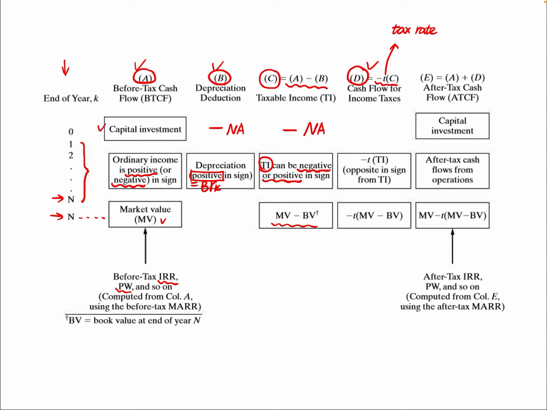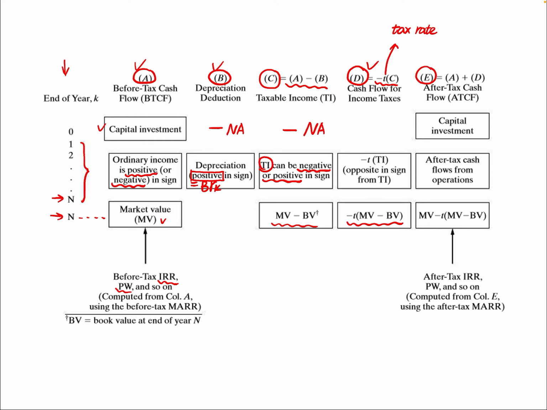That is what you have for every year. This is how you fill up this column. And then don't forget about the very last row. It is still minus T times whatever you have in column C.